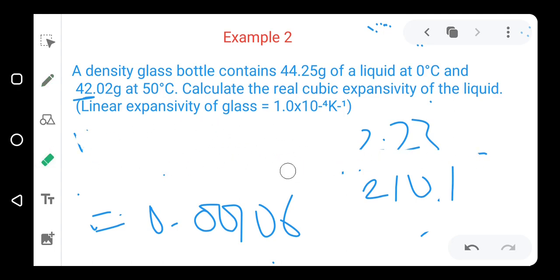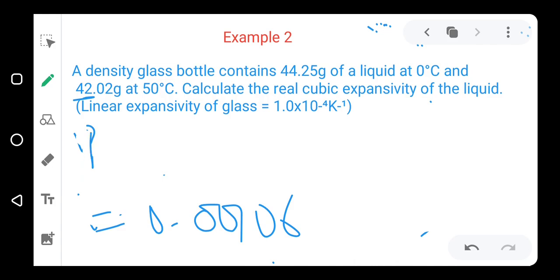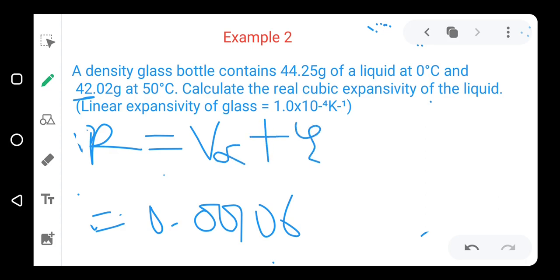Now since we know the linear expansivity of the vessel, the formula is that the real expansivity of the liquid is equal to apparent cubic expansivity of the liquid plus the cubic expansivity of the vessel.